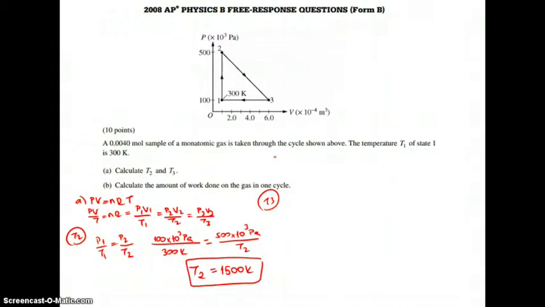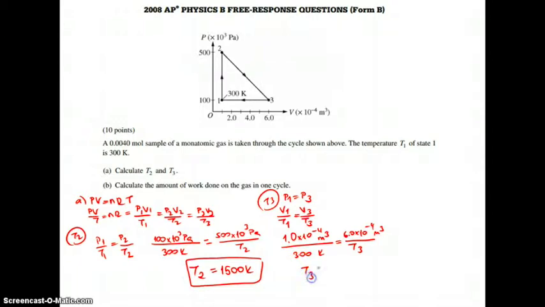To find T3, we again look at the graph. If you look at the graph, we see that P1 equals P3, so we can simplify this equation into V1 over T1 equals V3 over T3, and 1.0 times 10 to the negative 4 meters cubed over 300 kelvins is equal to 6.0 times 10 to the negative 4 meters cubed over T3.